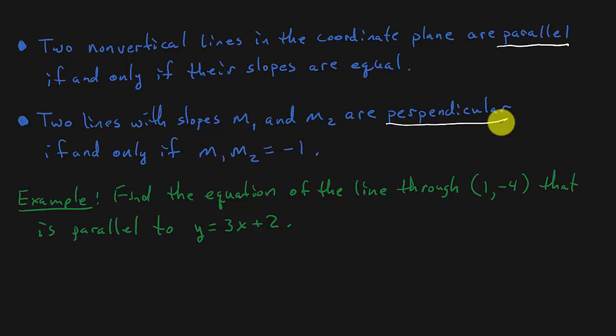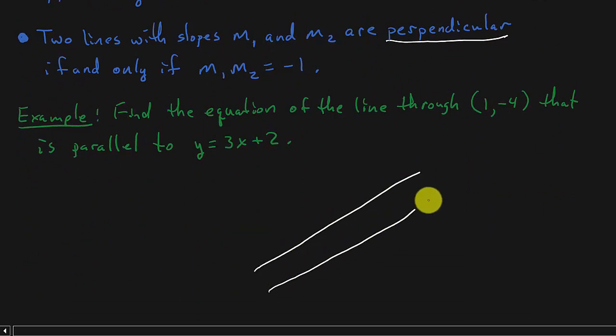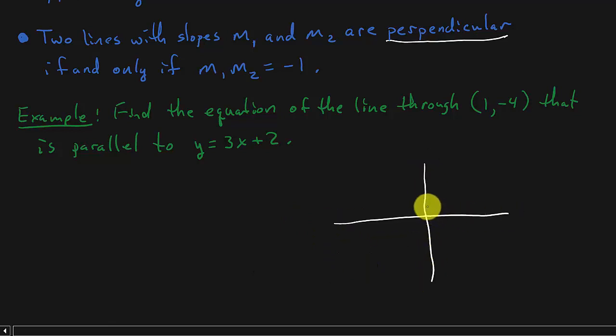So let's just look here. Parallel lines, we know those are lines that don't intersect, right? You can see that the angle of them here is the same. Their slope is the same. The rise over run is the same. They're parallel, their slopes are the same. Perpendicular lines, do we know what perpendicular lines are?